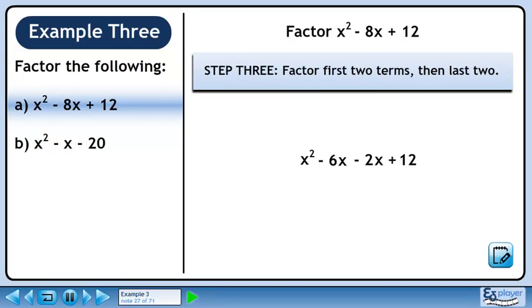In step 3, we'll factor the first two terms, then the last two. X squared is the same as x times x. Minus 6x is the same as minus 6 times x. Factor out x to get x times x minus 6.